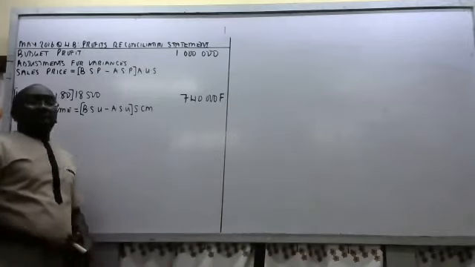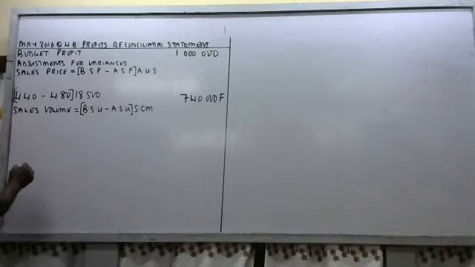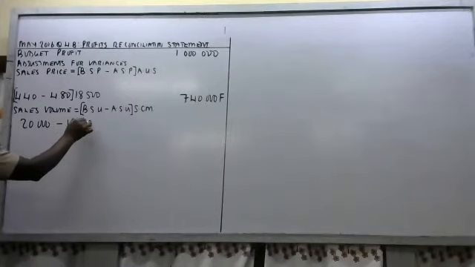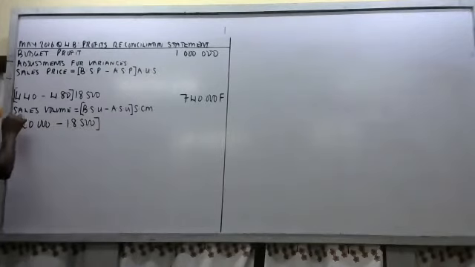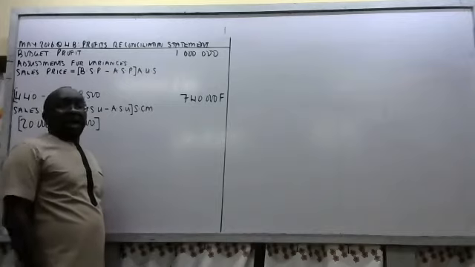So according to our budgets, we were supposed to sell 20,000, but we ended up selling 18,500.